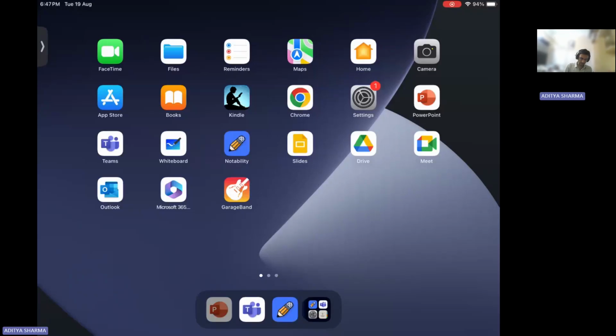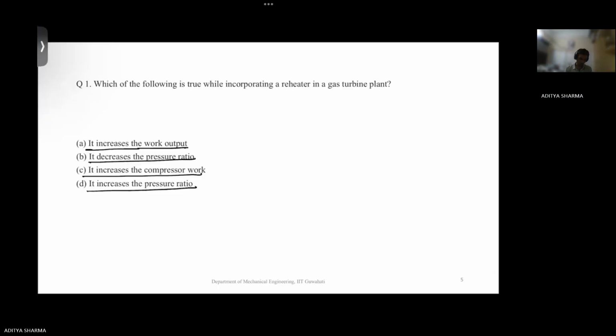So in that case, out of these four options, which comes out to be the best option? Option number A, right? So we can choose this option as the correct option. This was question number one.